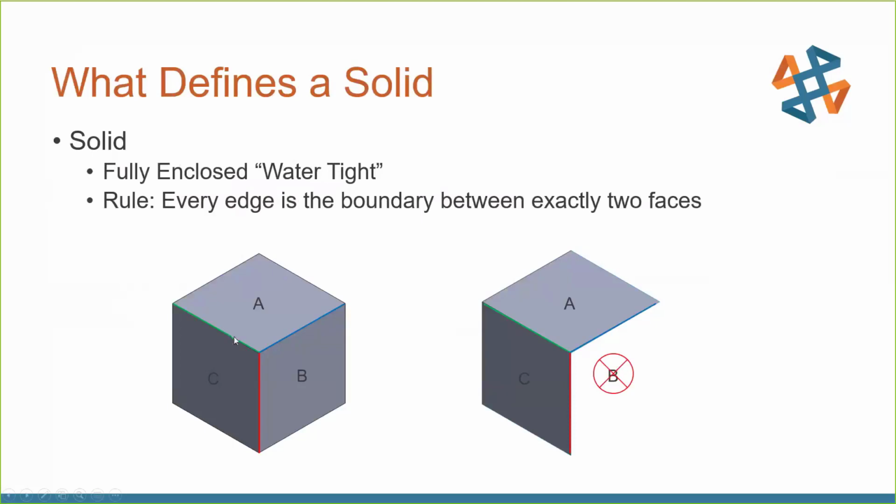The green, blue, and red edges are the boundaries to exactly two faces each. On the right-hand side here, we see that the red edge and the blue edge no longer have the B face. So there is a term for this. These edges are called open edges, is what SOLIDWORKS will call them. So on the right-hand side, we do not fit the definition anymore, so this would be a surface body.